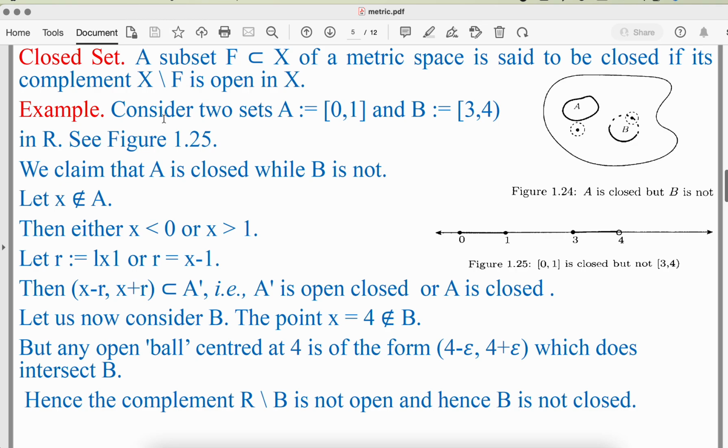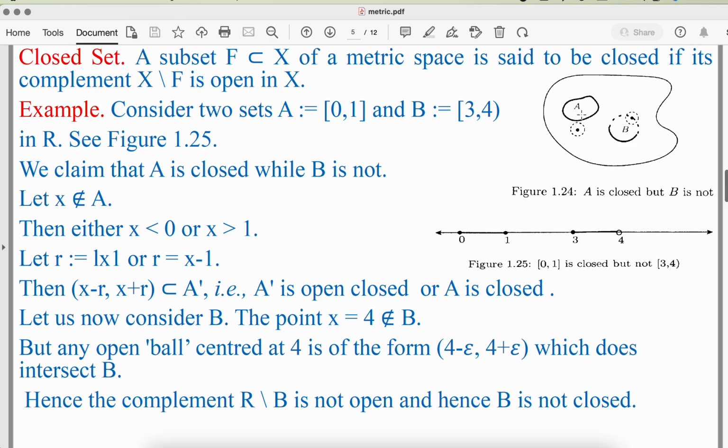For example, if we consider A equal to the closed interval [0, 1], and B to be the semi-closed or semi-open interval [3, 4), in the set of real numbers, then we claim that A is closed but B is not closed.